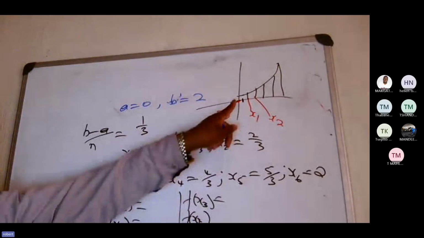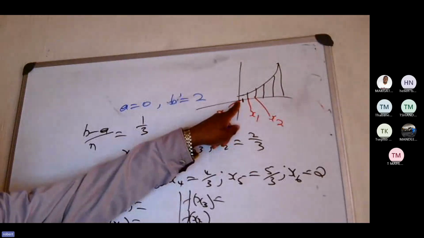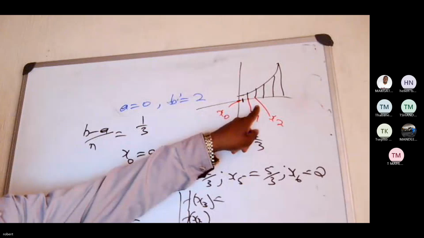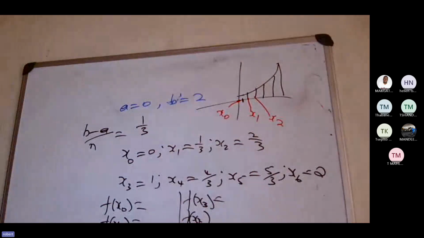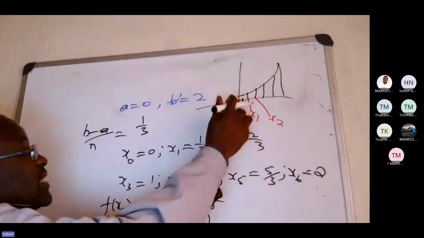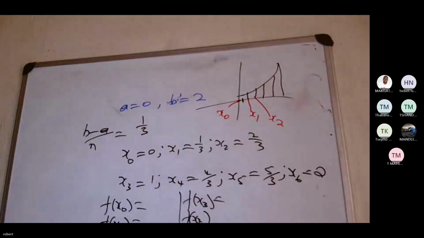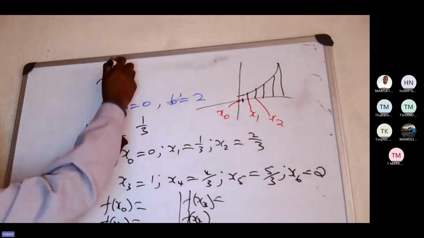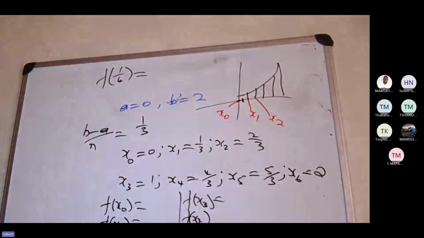So it will be 0 plus 1 over 3, then divide by 2, which will be 1 over 6. So we are now going to use 1 over 6. Not f of this, it will now be f of 1 over 6. You get the answer.